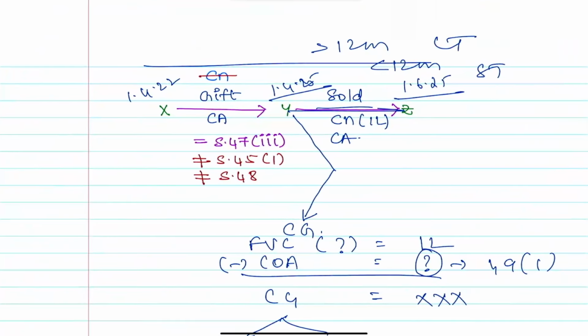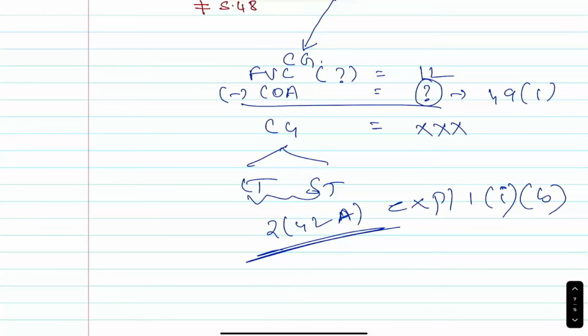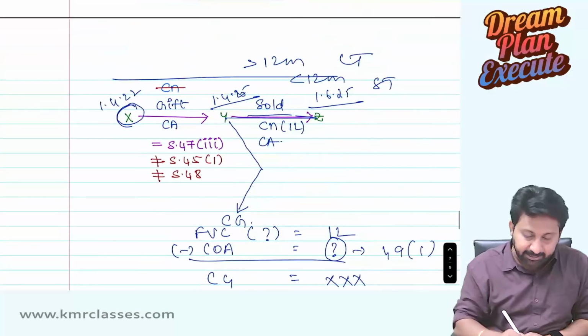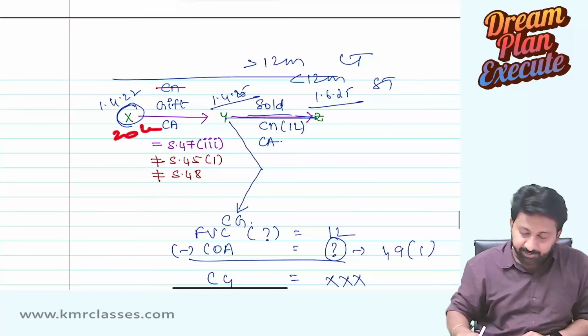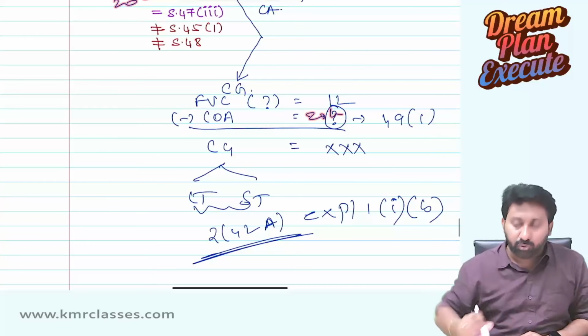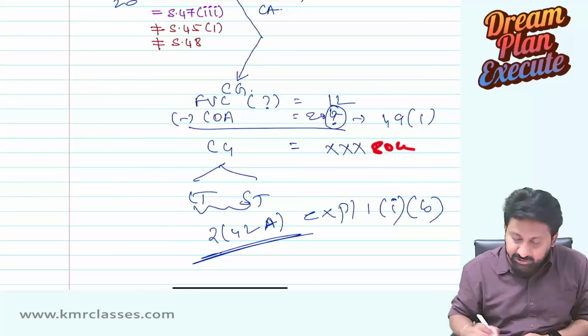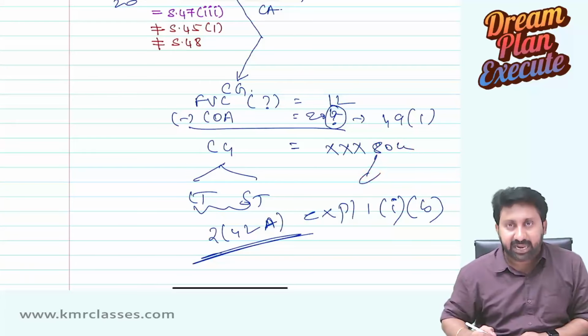Who is the previous owner? X. His cost of acquisition you have to consider. Let us say he purchased it for 20,000. That 20,000 you deduct, and the balance of 80,000 will be subjected to capital gain tax.